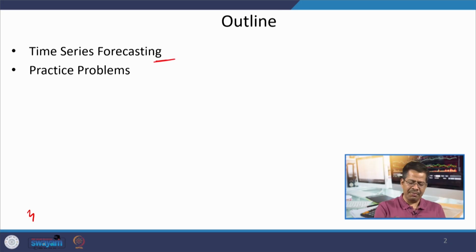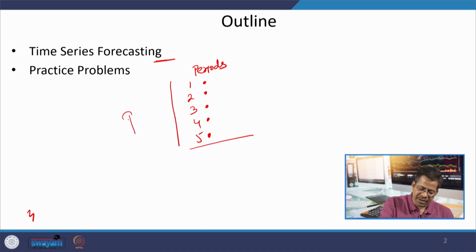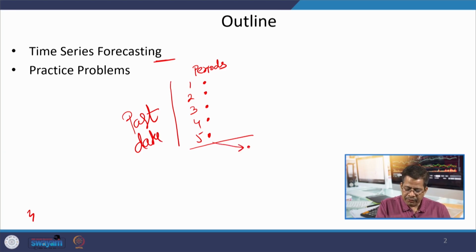Time series forecasting means you have historical data, these are periods 1, 2, 3, 4, 5. Now, based on these past data, can I predict for the 6th period or 7th period?